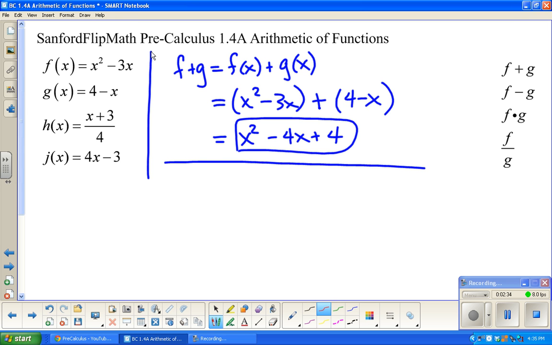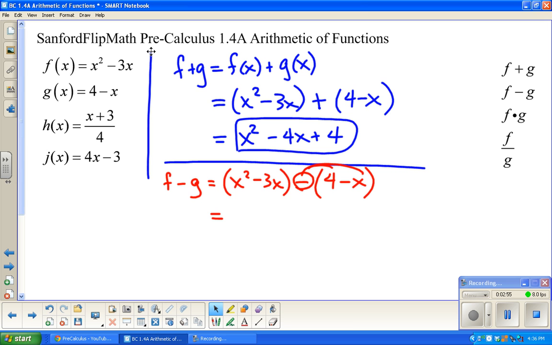If we're subtracting, be careful to do grouping appropriately. So like f minus g, f of x is still x squared minus 3x minus 4, minus x. The grouping becomes important here because this subtraction is about subtracting all of that.